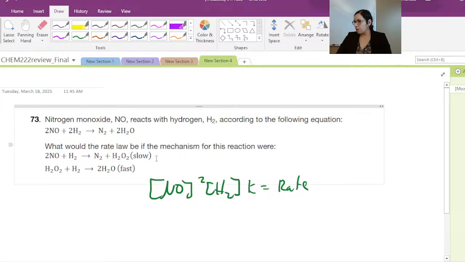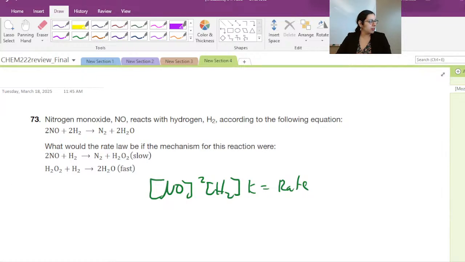So we're just saying, okay, our first step is our slow step, so of course it's going to be dependent on this. And then, right, it just so happens that there also are reactants, so we can just leave it in that expression. And do you always go with the slow one? Correct, yeah.